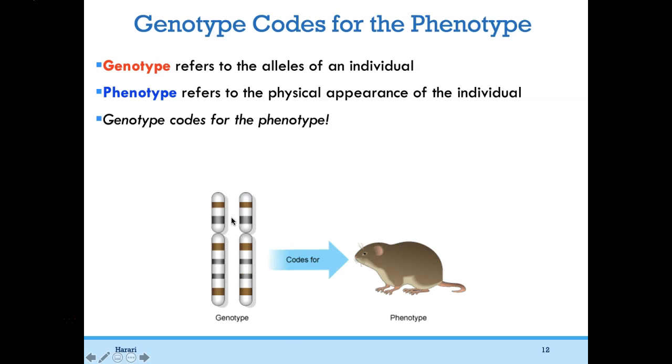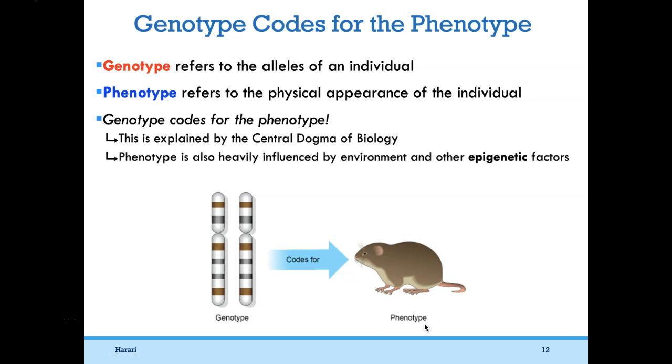The genotype is in our chromosomes, right? Those are the alleles. Those alleles will specify which proteins get made, which will determine the phenotype. Right? This is explained by the central dogma of biology, which you might be familiar with. We'll talk a lot more about that in class, but the central dogma of biology tells us that DNA encodes for proteins. So the genotype, the DNA, encodes for proteins of the phenotype.